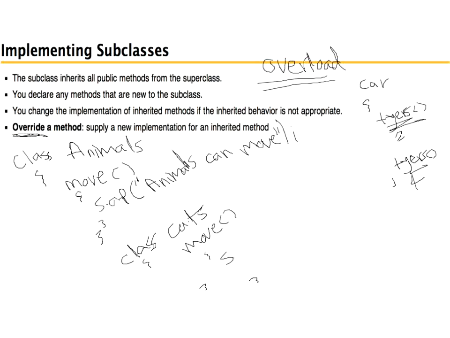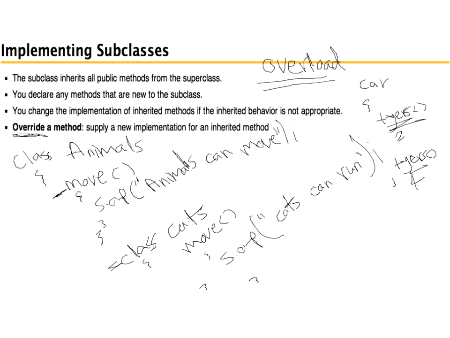And this time we write system.out.println, and we say cats can run. So what did we do here really? We override the method move that is in the animals class.